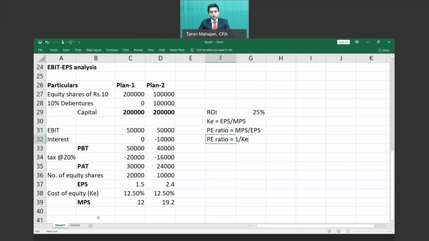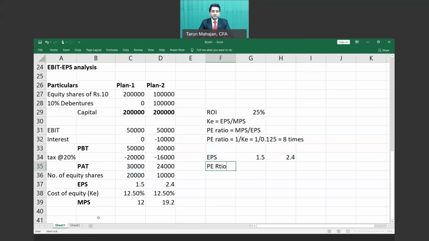So here, if I do 1 divided by 12.5%, I'll get 8 times, simply 8, as my price earning ratio. EPS is 1.5 and 2.4.